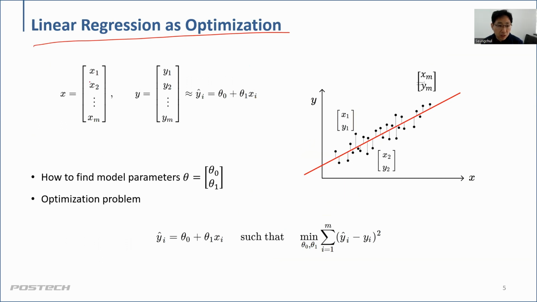I put all the data points as a column vector, and this one is the unknown parameters.